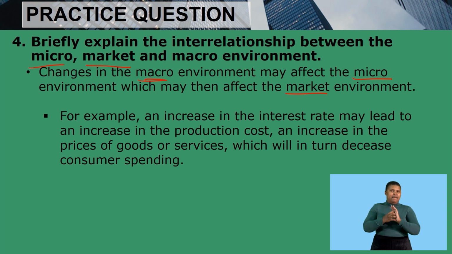For example, an increase in the interest rate may lead to an increase in the production costs and an increase in the prices of our goods and services, which will in turn lead to a decrease in consumer spending.